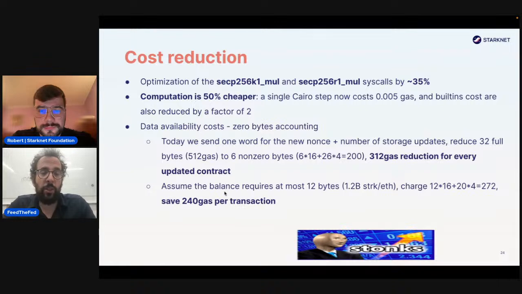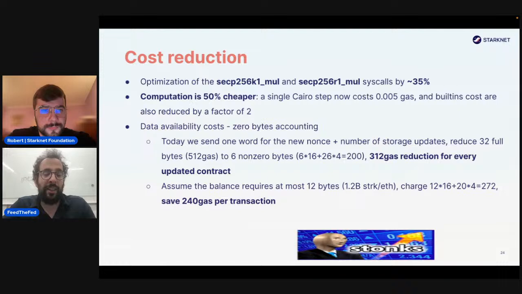So updating your balance, since we're using account abstraction, and your balance is just your regular balance inside an ERC20, it means that every single transaction has at least one storage update, which is your balance, because you are paying a bunch of fees, which means a minimal cost of 1K gas per transaction.